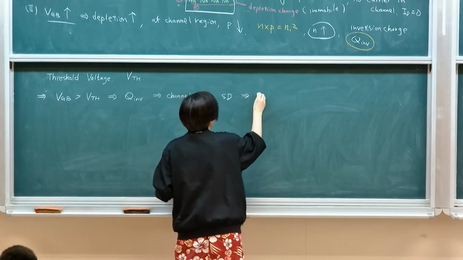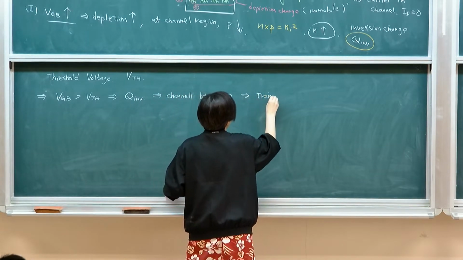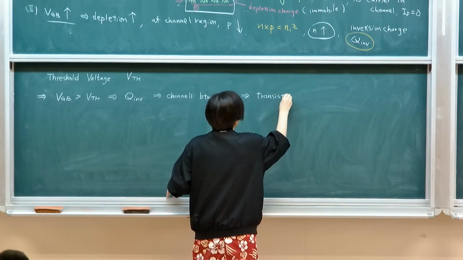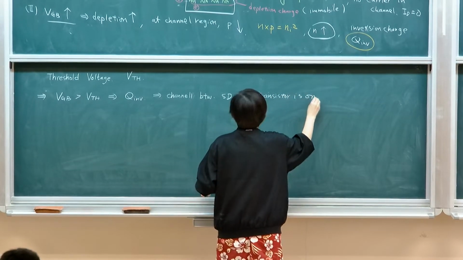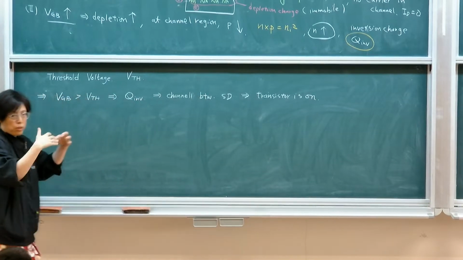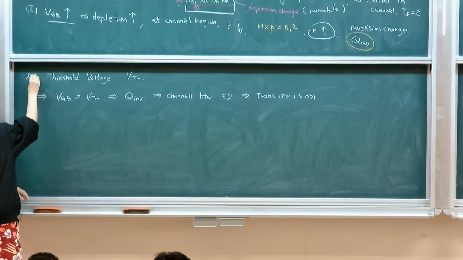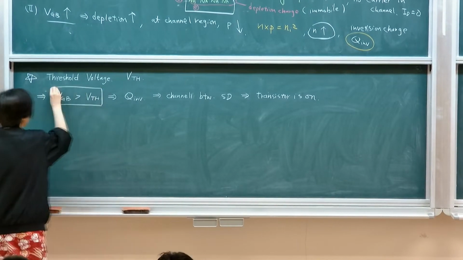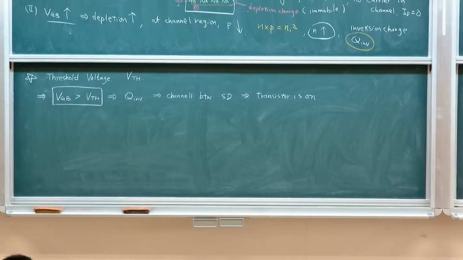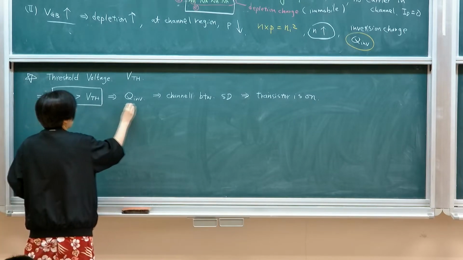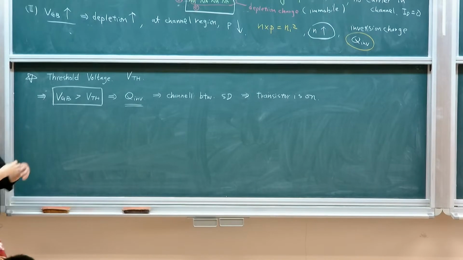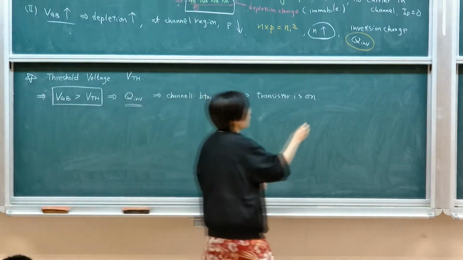Therefore, this is typically referred to as the transistor being turned on. Because now I have the bridge. The bridge is already established. Okay? So this is the main characteristic: if I have a gate to body voltage larger than what we call the threshold, this allows us to induce significant inversion charge to bridge the channel, and the transistor turns on.